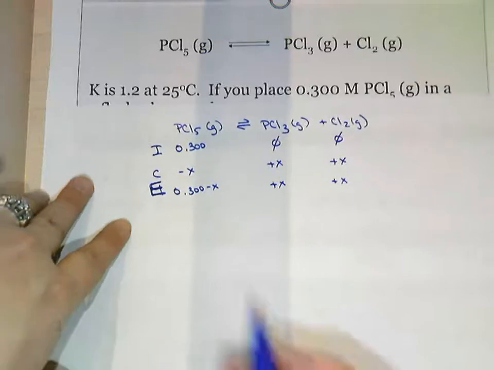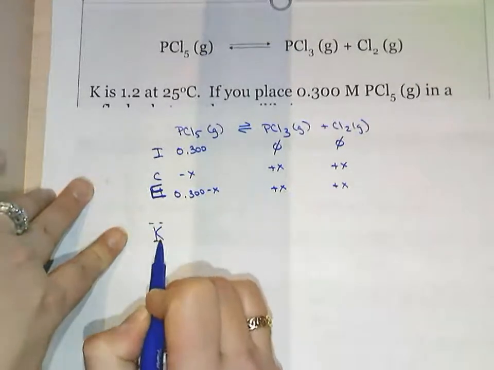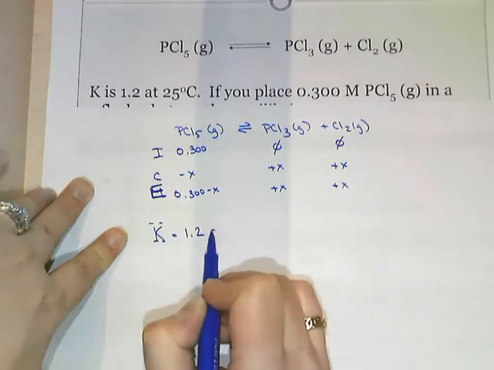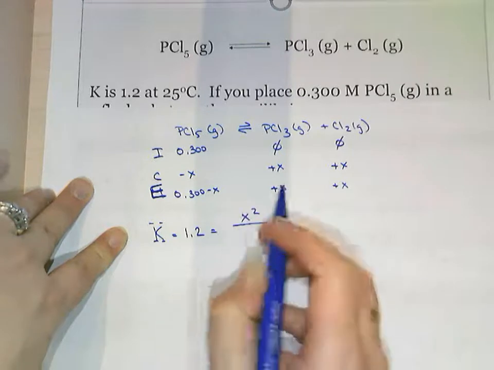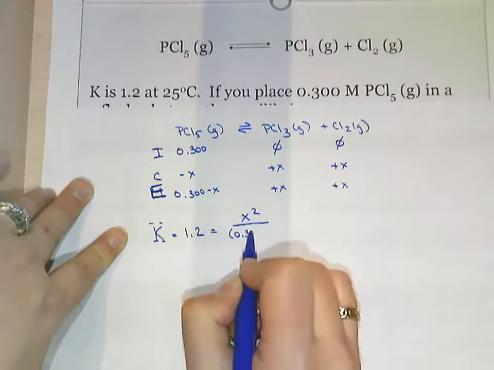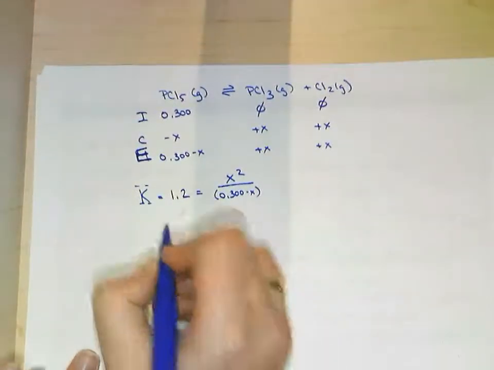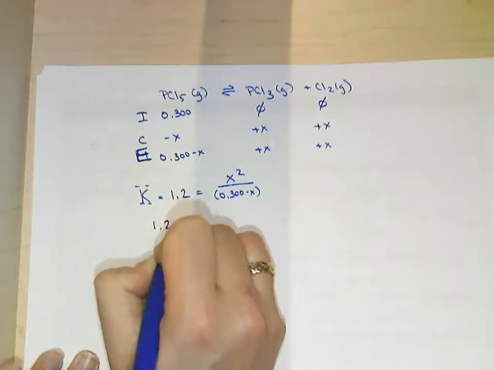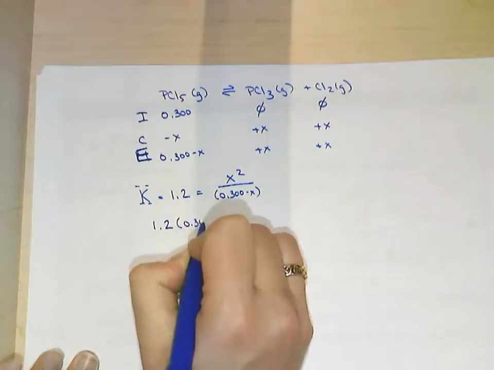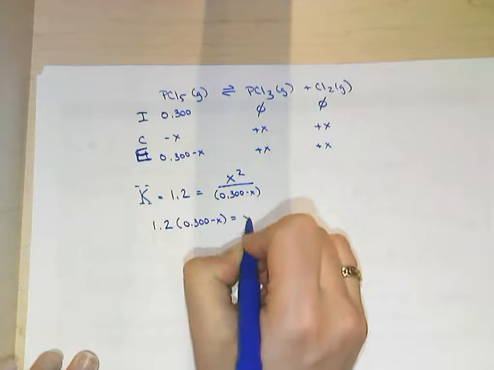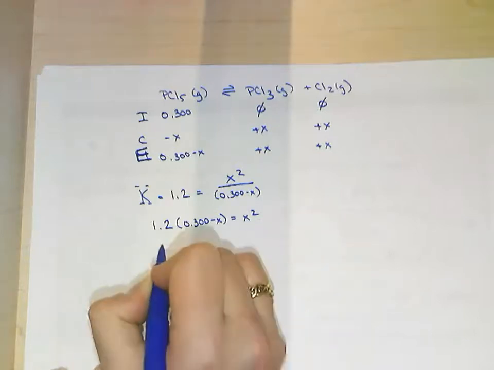So now we're going to set up the equilibrium expression: 1.2 equals x squared over 0.300 minus x. Rearrange it so we're in terms of x squared, and multiply that through.